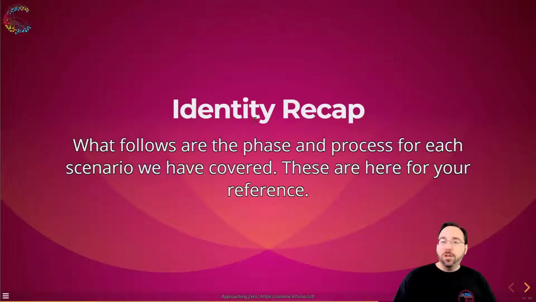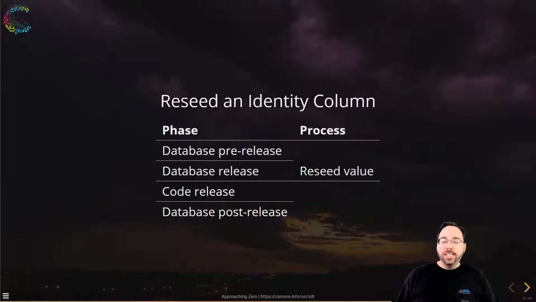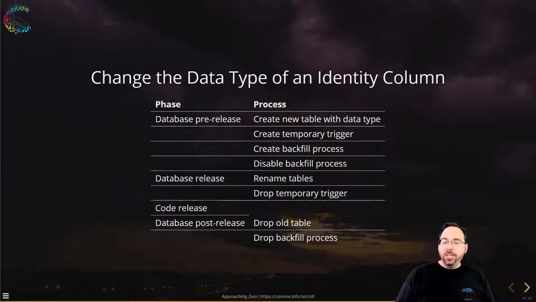So that's the process of working with identities. For adding an identity column to an existing table, pretty cool process. For reseeding an identity column, real easy process. For changing the data type from int to big int, or big int to int, or whatever, create a new table.